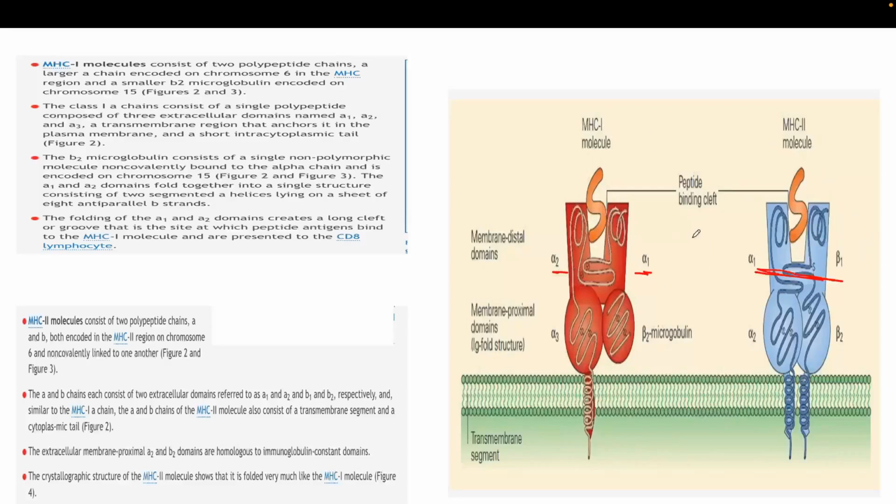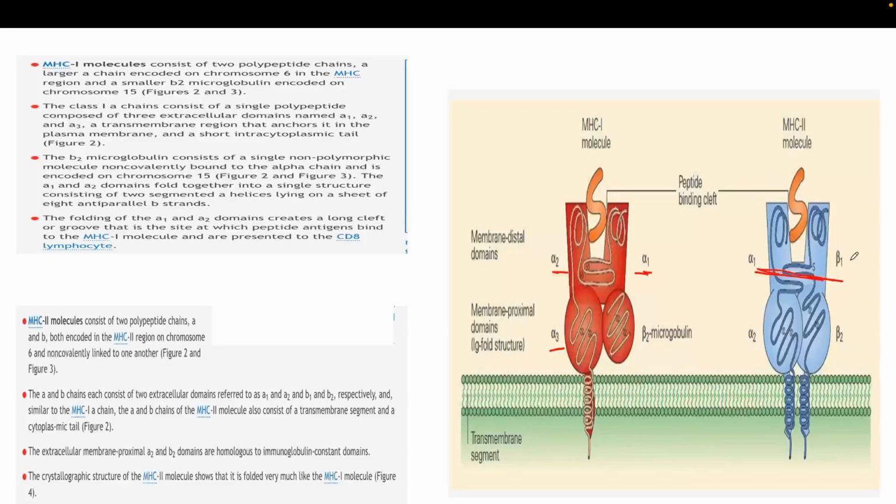Okay, and CD8 will bind to the alpha 3 region of the MHC1 molecule, and in case of the MHC2 molecule, CD4 binds to the beta 2 region. Okay, so that thing you have to remember.